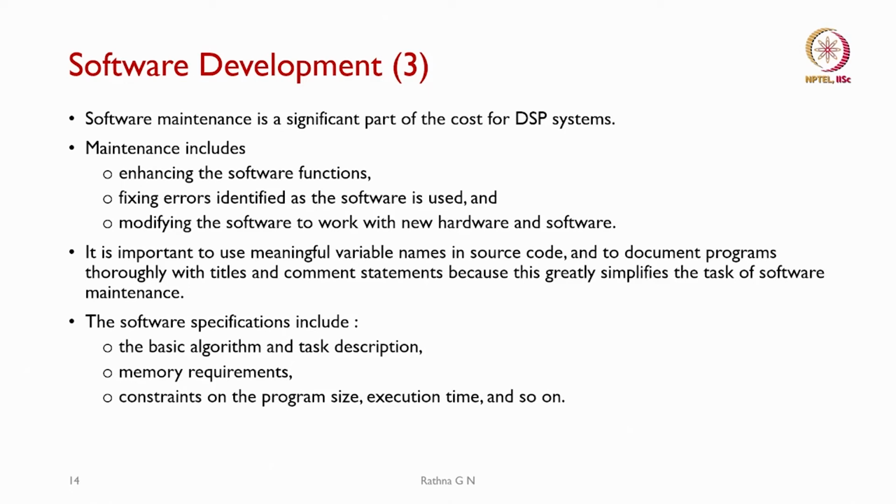Within 1 year you may get multiple software updates. You should be able to incorporate more functions, and if there were bugs in earlier cases, rectify them, identify them and update them in your next software, and also modify the software to work with new hardware and software.